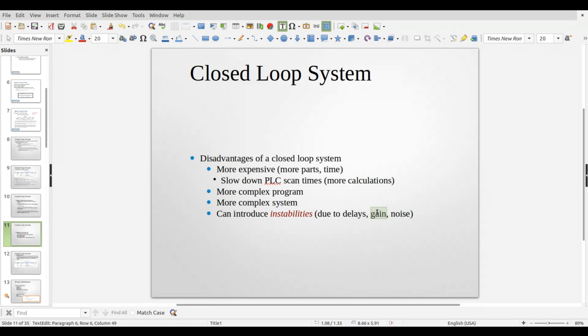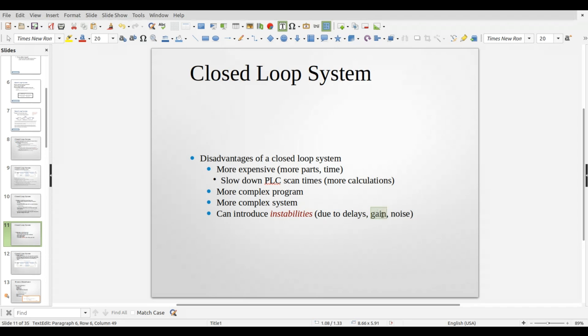If you increase the gain, that'll make it react faster, but also react to the noises and inaccuracies in the system. You guys have seen that with our PLCs, as we're reading these load cells and you see how those numbers bounce around so much. Say it was supposed to be sending out a 16 milliamp signal, and all of a sudden the signal from the load cell jumps from 16 milliamps to 18 milliamps.